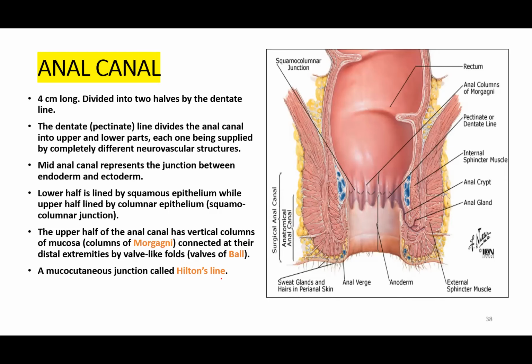Now, the anal canal is the most distal portion of the GIT, and it's about 4 centimeters in length, and it has 2 embryonic origins. The upper half is derived from the endoderm, while the lower half is derived from the ectoderm.